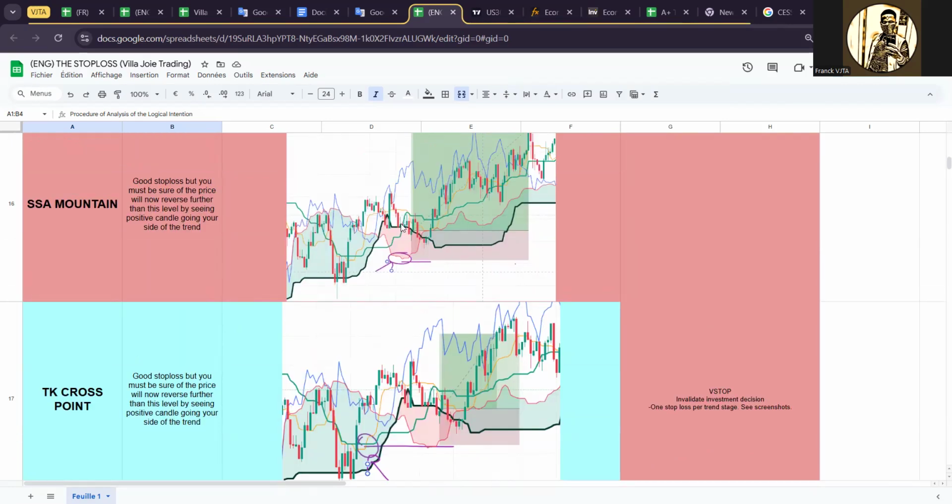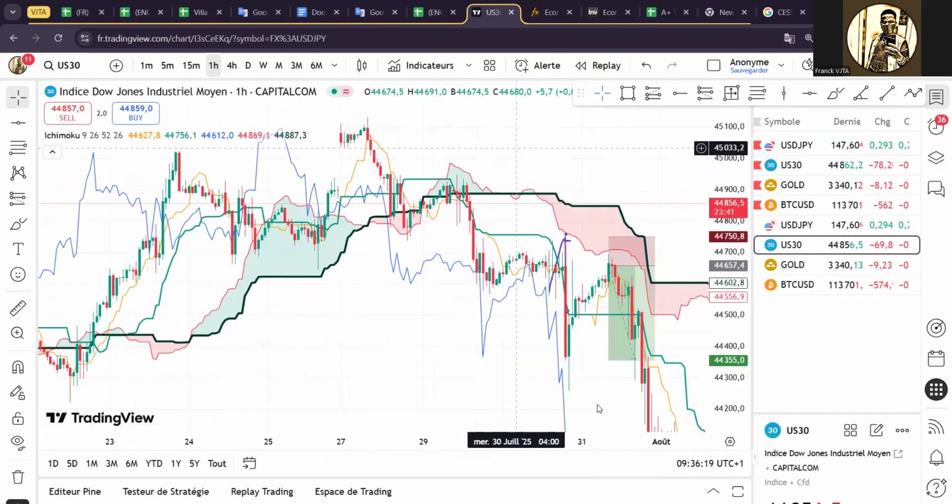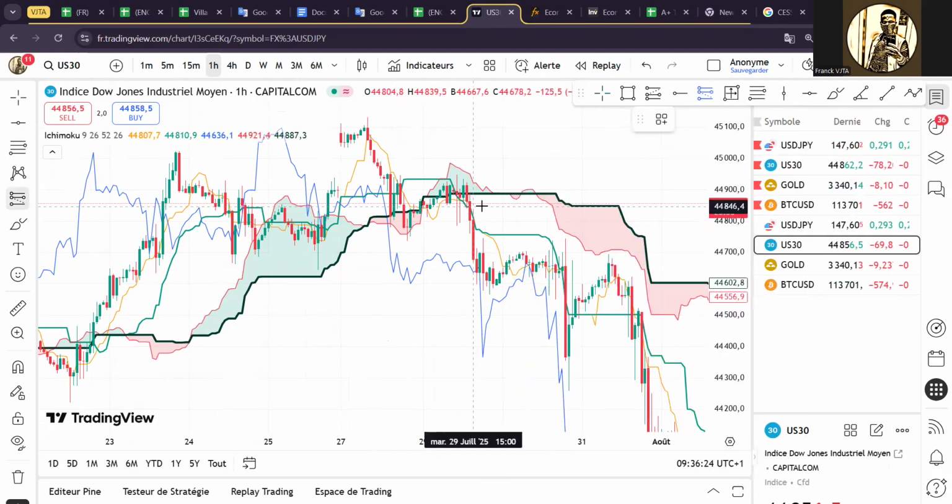You realize that we already have a KSB, so we are already inside a secure trend. That's why rather than taking a V stop, I prefer to take a tighter stop loss, for example, this one.